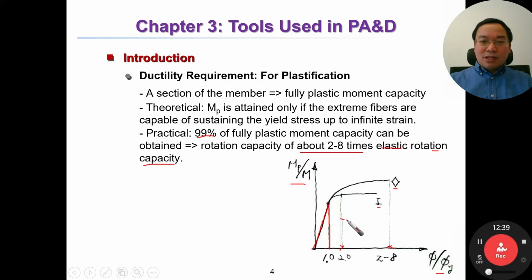So this part is the rotation capacity due to the ductility of the material.